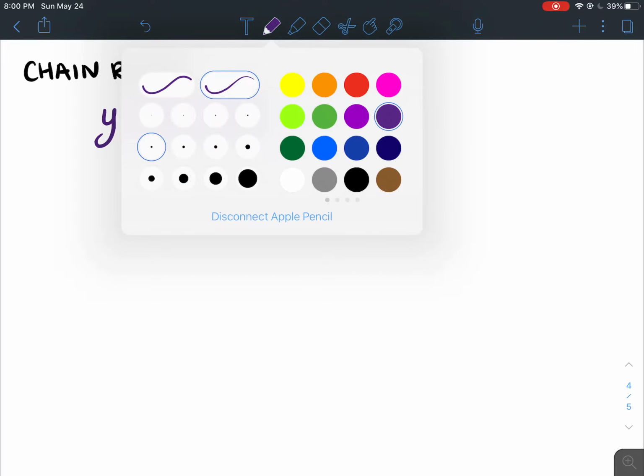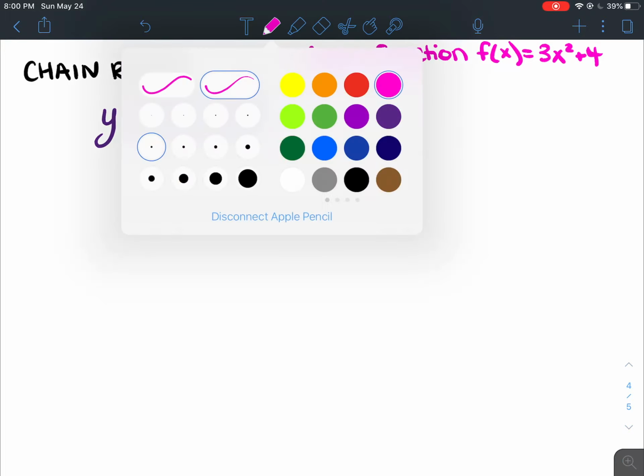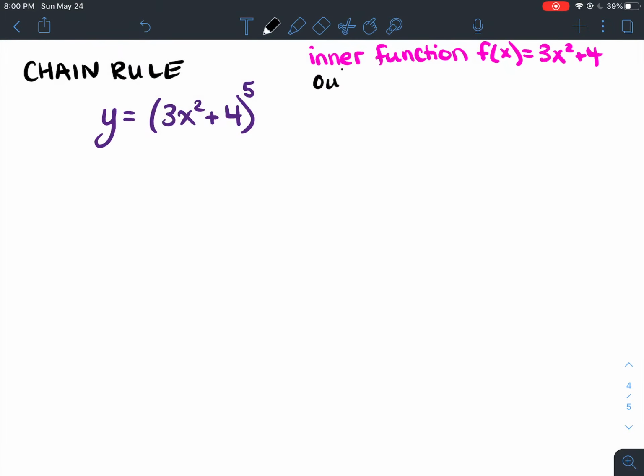A composite function means it's made up of two functions. It's made up of an inner function, which is the one in the brackets, and the inner function we would say is f of x equals 3x squared plus 4. It's also made up of an outer function, and the outer function would be g of x equals x to the power of 5.